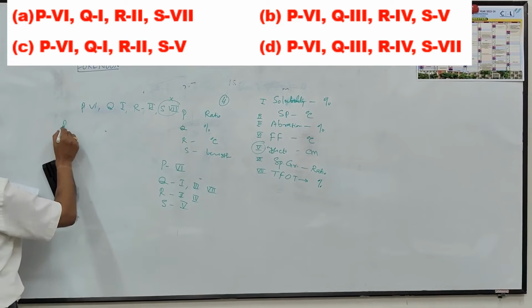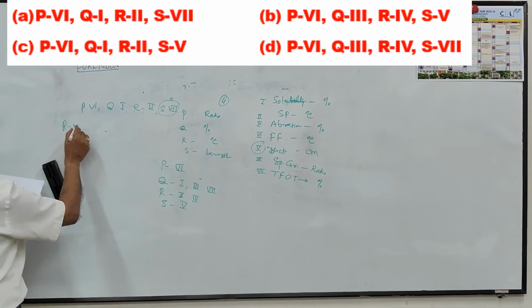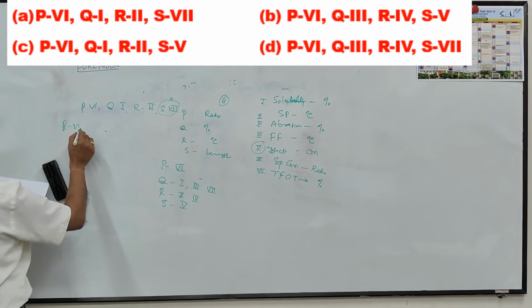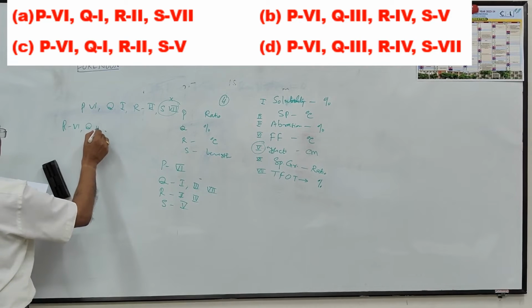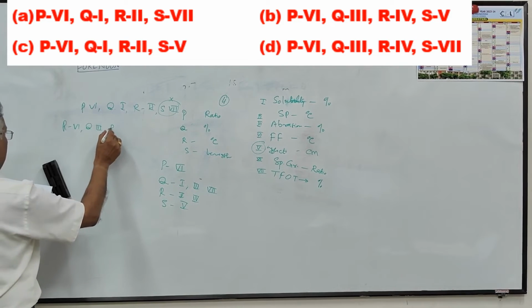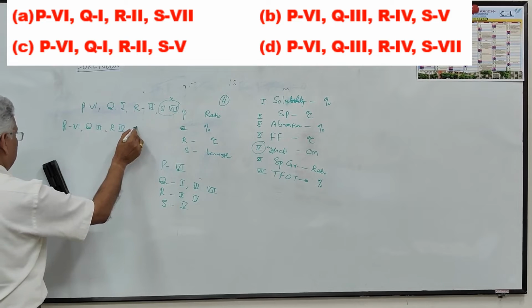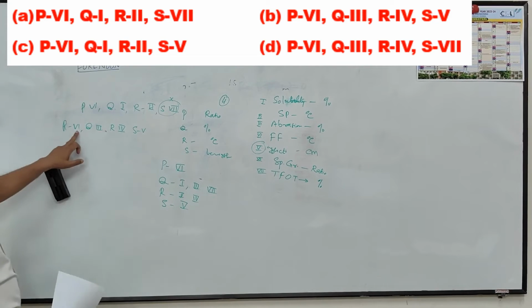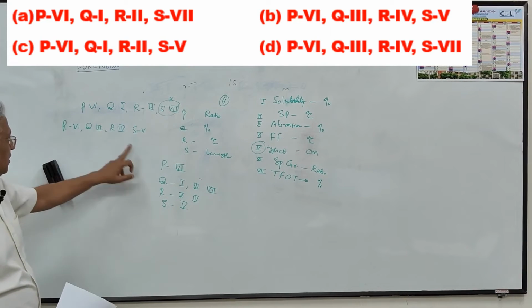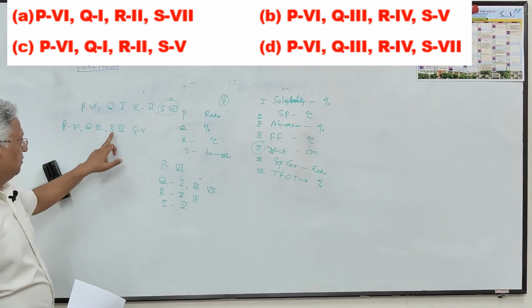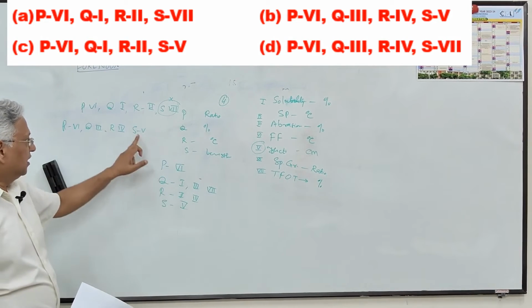Second option is P6, Q3, R4, S5. Now P6 is okay, Q3 is also okay, R4 is fine, and S5 is also fine.